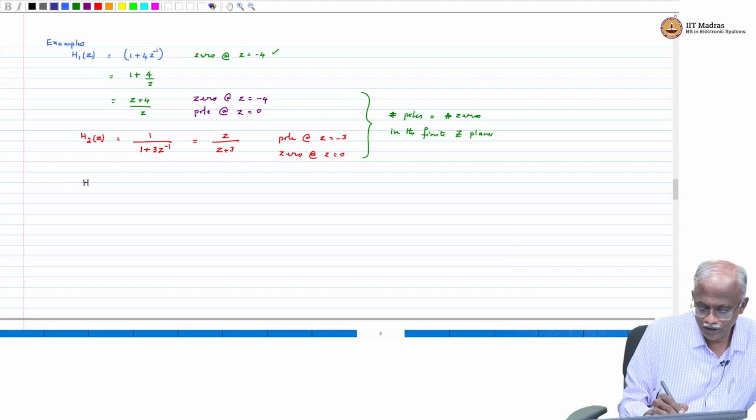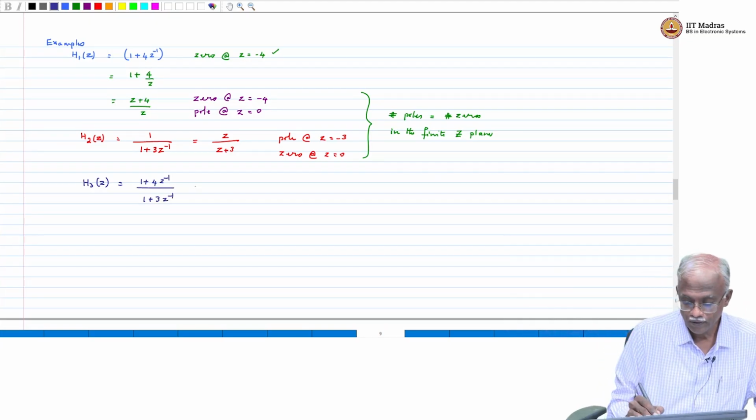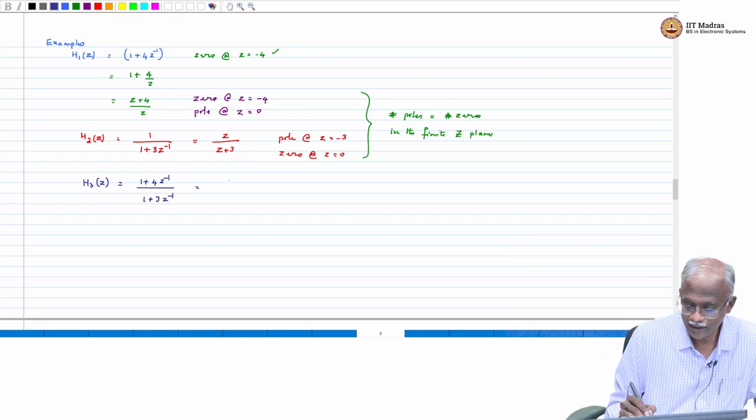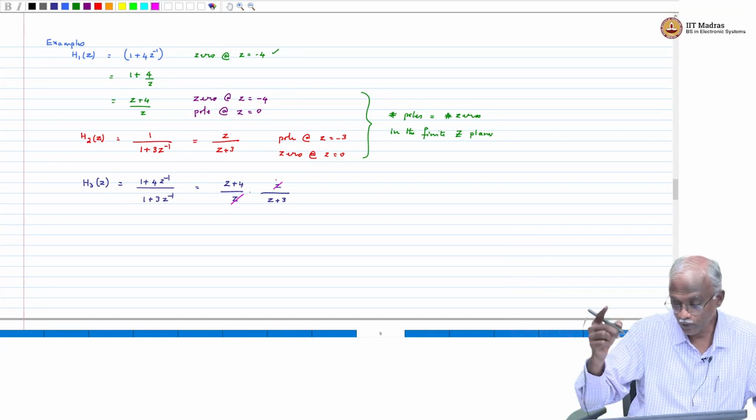So H3 of Z, I'm going to take it as a ratio of 1 plus 4 Z inverse divided by 1 plus 3 Z inverse. This one I can write as Z plus 4 divided by Z into Z plus 3, numerator is Z. Notice that Z and Z will cancel, pole-0 cancellation.